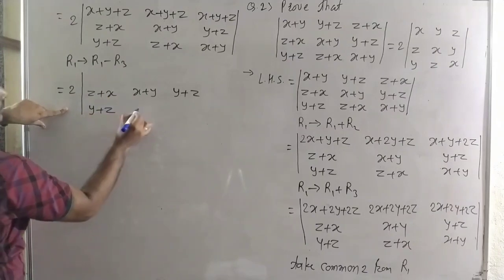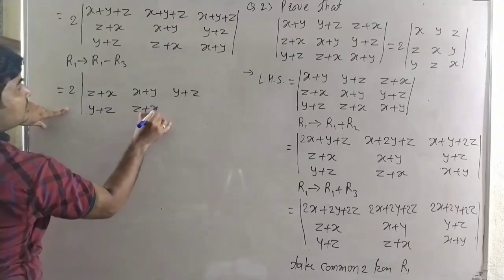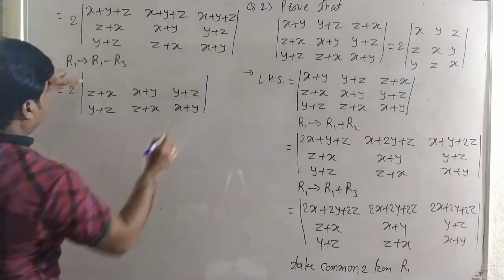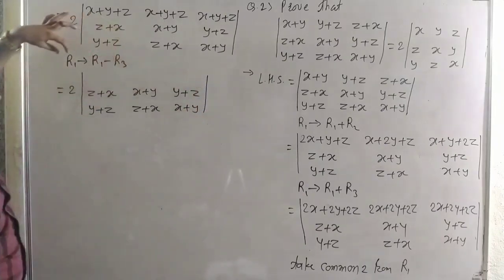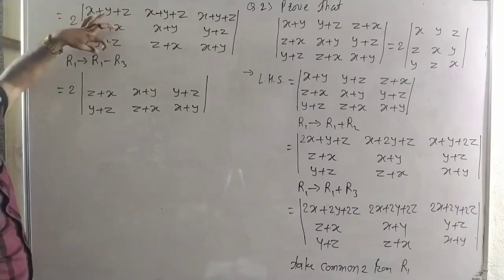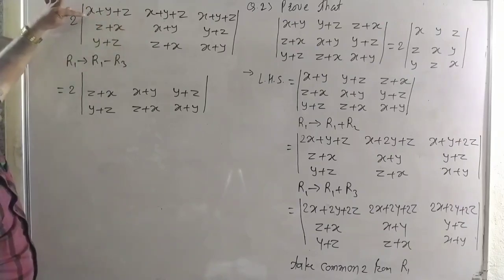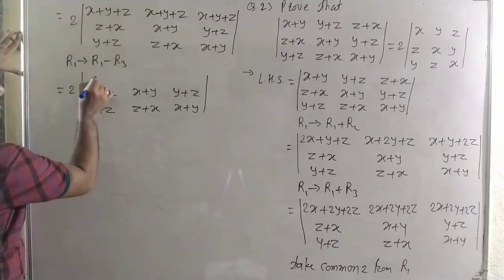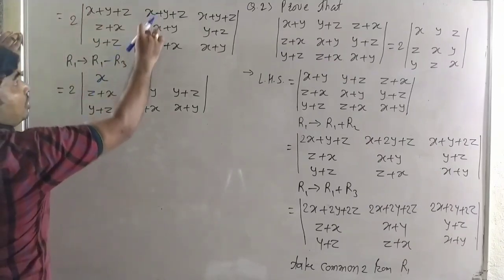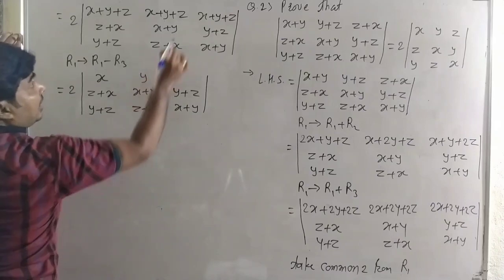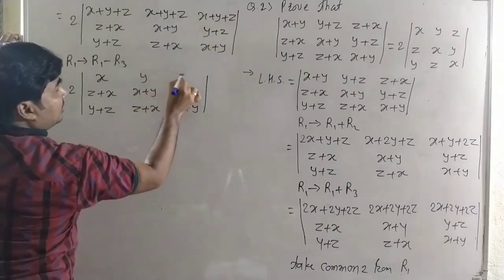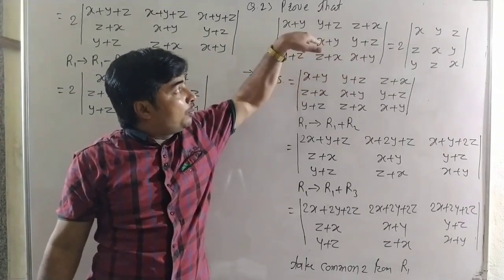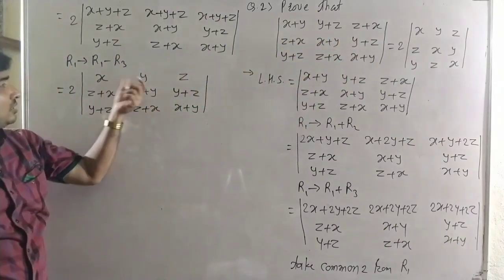Y plus z, z plus x, and x plus y. It is R3. See carefully, R1 is replaced by R1 minus R3. It is R1, x plus y plus z minus R3, that is y plus z. Here we get x. R1 minus R3, we get y. R1 minus R3, we get z.